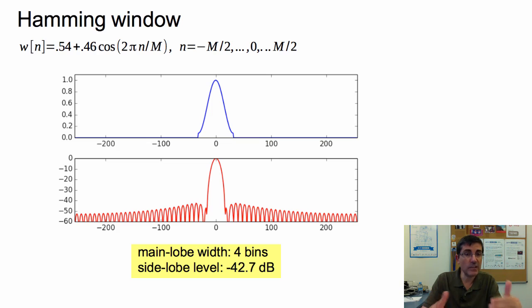But in exchange, we get a much lower side lobe level, minus 42.7 decibels. And this is, as we're going to see, an important thing. The ideal is to have the lowest side lobe level and the narrowest possible main lobe. So this is a good window. Of course, nothing comes for free, so the side lobe levels do not decrease so abruptly as they go away from the main lobe.